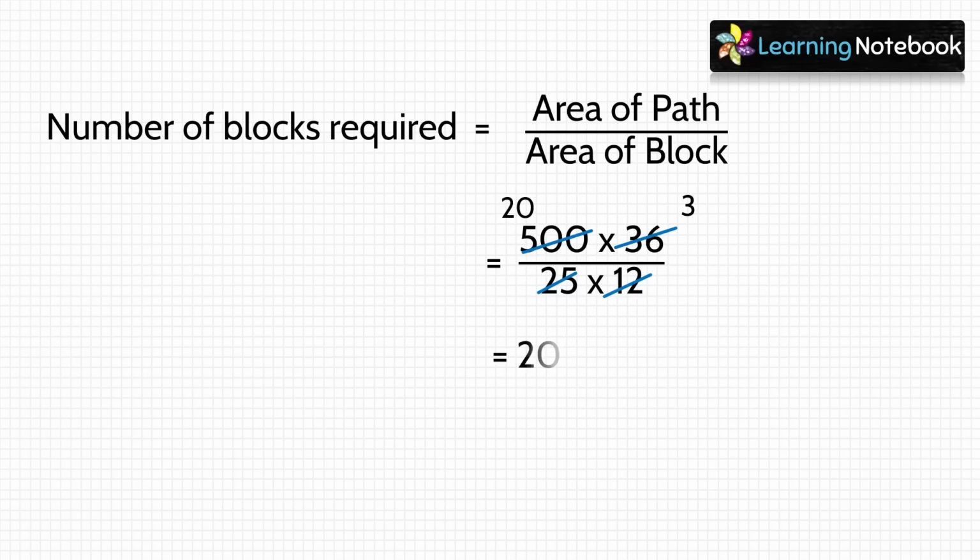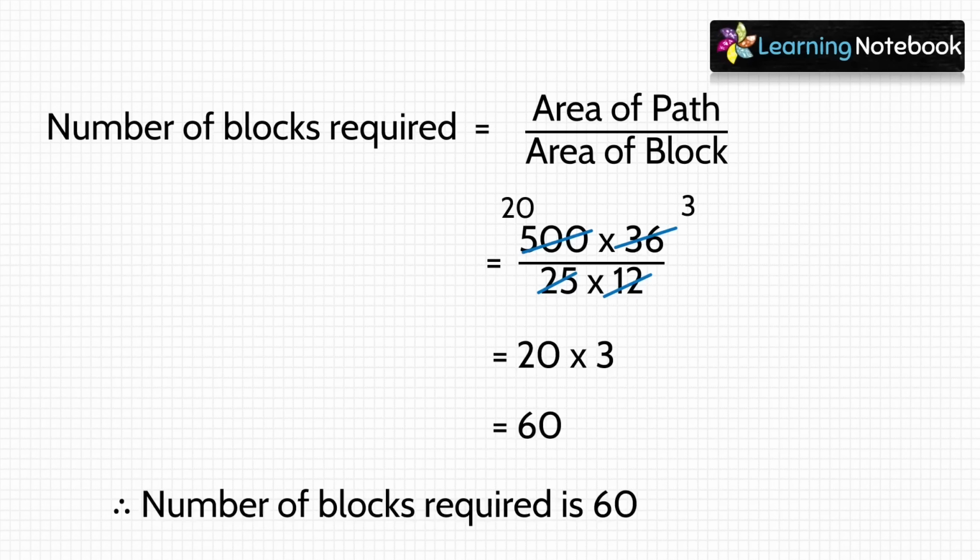After simplifying it, we get 20 multiplied by 3, which equals 60. So number of blocks required to cover this rectangular path is 60.